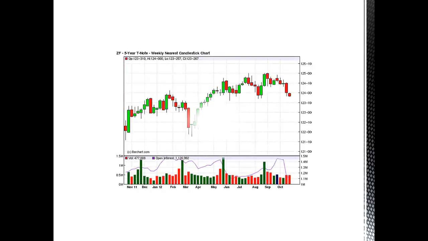What unfolds is much the same as what we saw in the 10-year: the 5-year rallies up into the end of May, early June, and even higher in the case of September of this year. But we saw the shift that takes place with a bullish move going higher in the treasuries and T-notes. Now, if the futures contract is going higher, you have to remember their inverse relationship. That means it's going to see a decline in the yield.